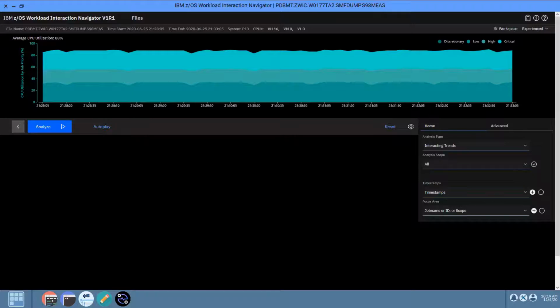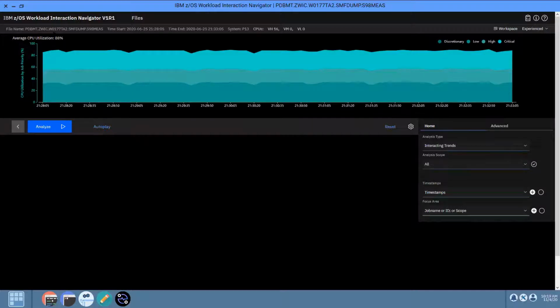So I've loaded here the navigator with the 5-minute data from the workload that had a performance problem. When the navigator initially loads the data, we can see that we have time along the x-axis, and along the y-axis, we have the CPU utilization by job priority. We can see the average CPU utilization is 88%.